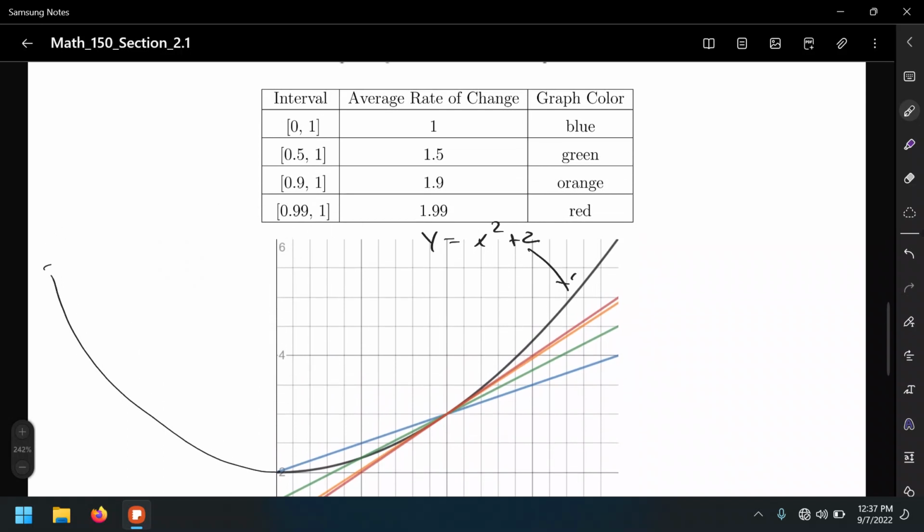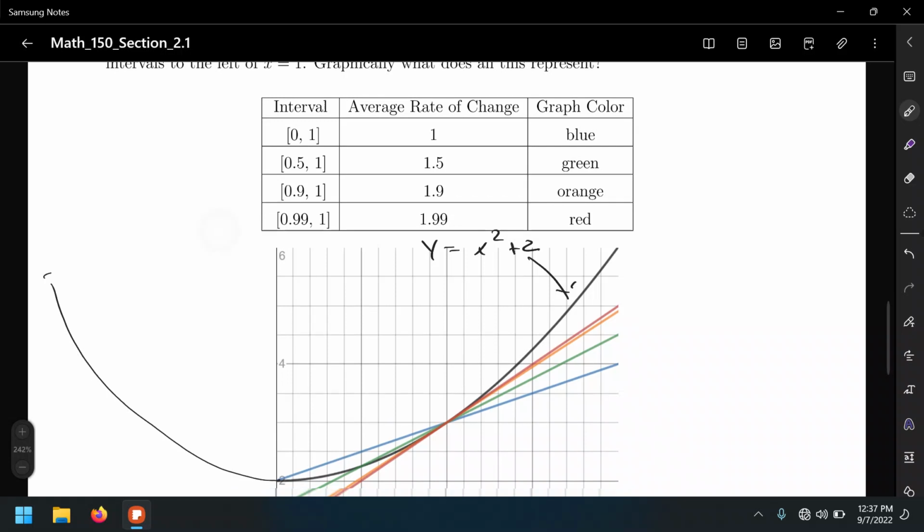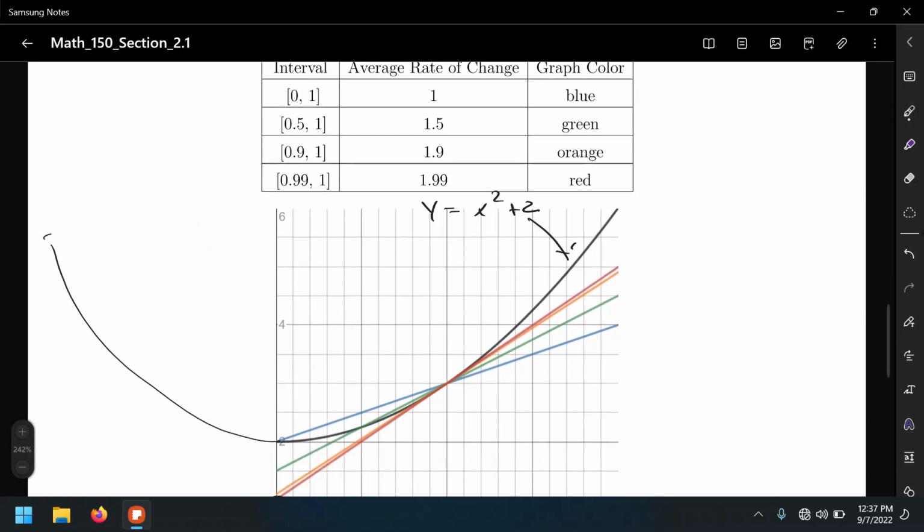Well, this is what we did, but in this case, instead of going from 2 to any other point, we're going to look at the interval from 0 to 1. So what's going to happen here? We have the secant line. All these are secant lines between these intervals, and notice the blue line right here, it's crossing 2 points on the parabola.